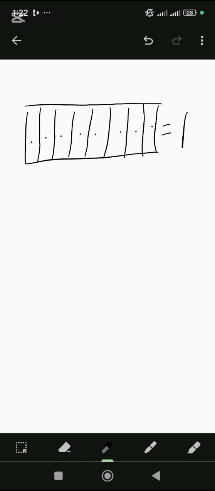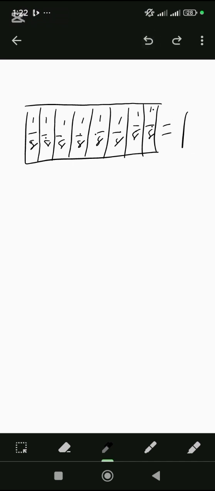This means that each person will receive 1 over 8. And when we add 1 over 8, 8 times, it will be equal to 1.